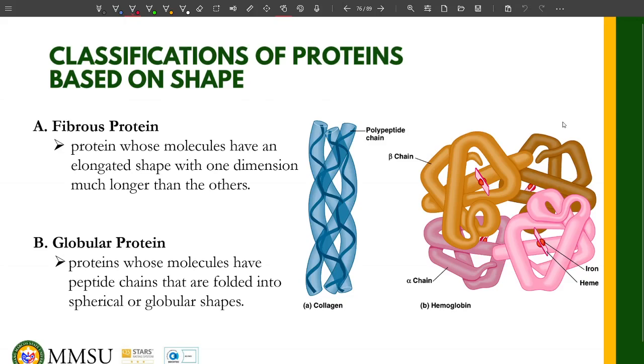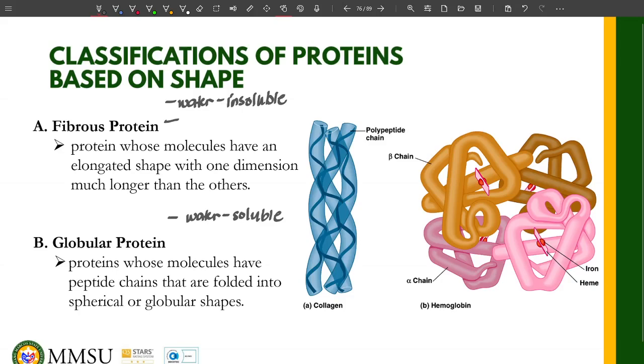So, the difference between the two in terms of their properties is that fibrous proteins are water insoluble. And then globular proteins, kabaliktaran yan, are water soluble. And then, in terms of the secondary structure, fibrous has a single type of secondary structure.